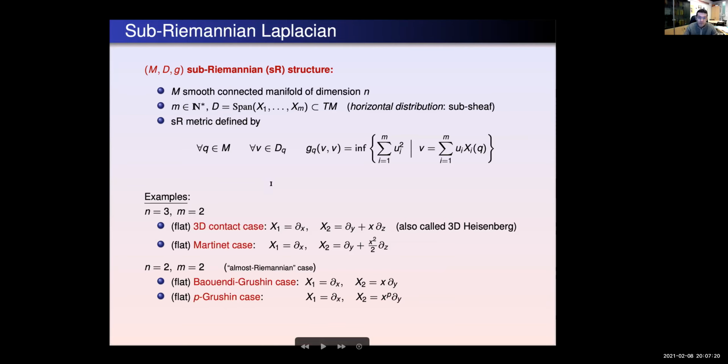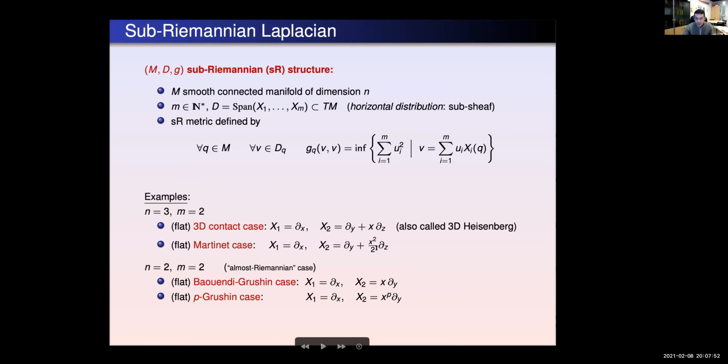For instance, I took here some very celebrated examples of sub-Riemannian structures. Imagine that you are in R^3, and then at every point of R^3, you choose a plane. So you have a field of planes which are spanned by two vector fields, like the famous 3D contact case, also called the 3D Heisenberg case.